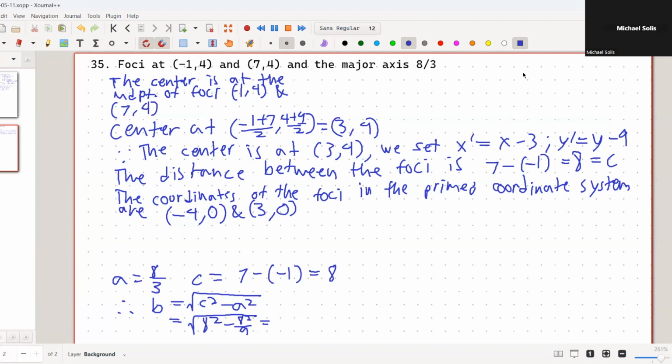Parang may mali. Okay, 7 minus 1 is 6 over 2. That's 3. 4 plus 4. So center is at 3, 4.